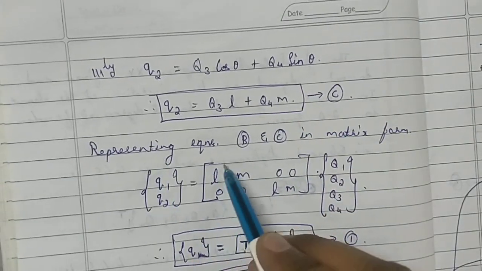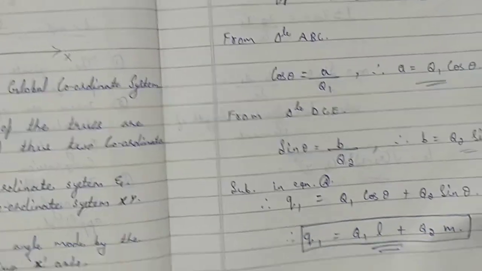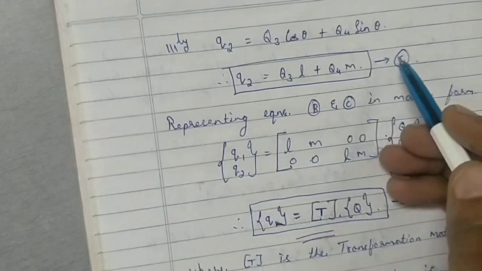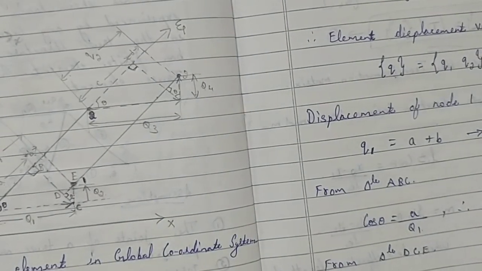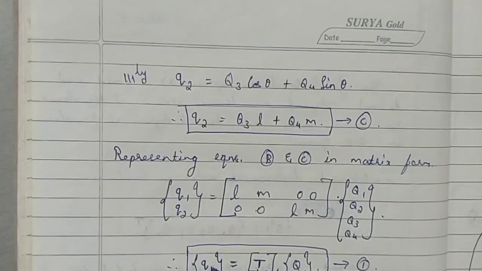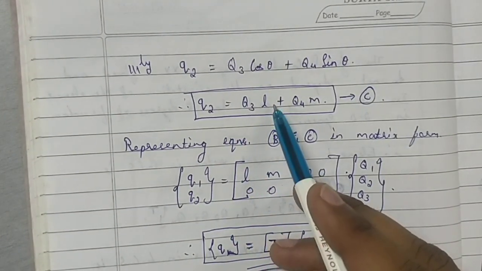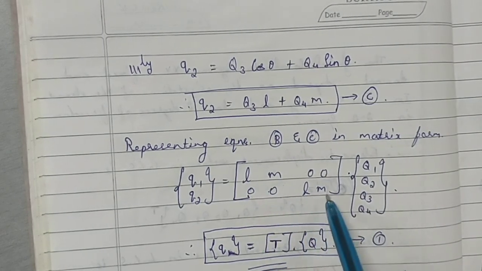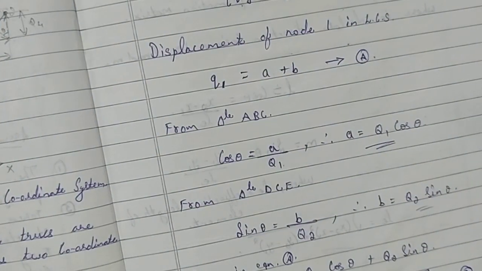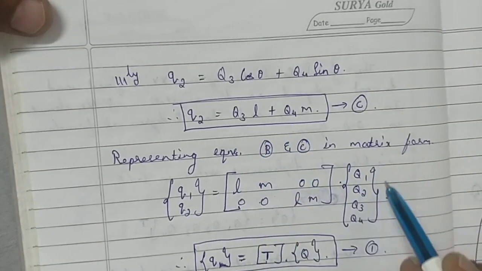Now, representing equations B and C in matrix form. If I write this B equation and C equation in matrix form, I have small q1 q2 is equals to, write the coefficients here, first row L M 0 0, second row 0 0 L M. Next I have q1 q2 q3 q4.